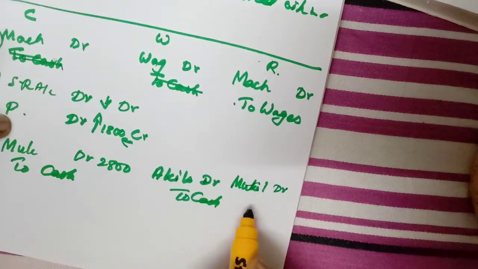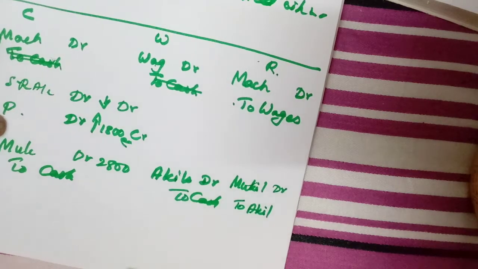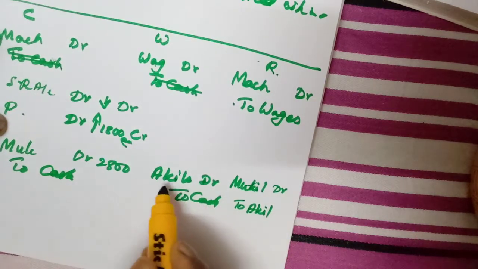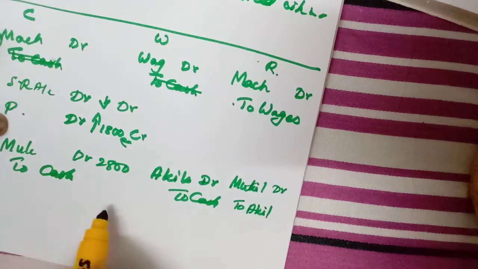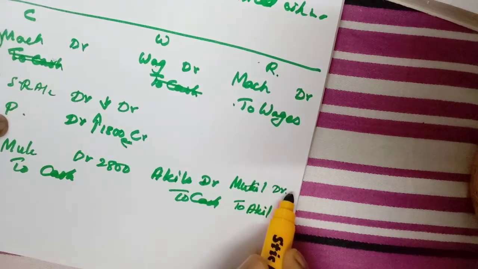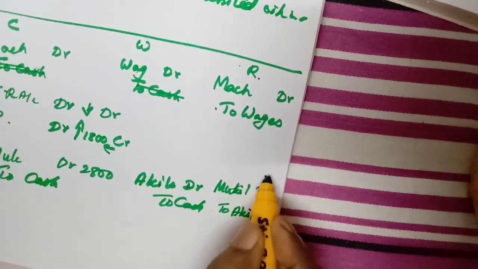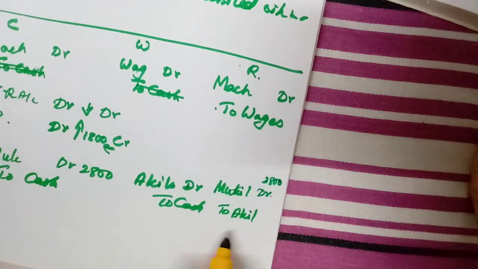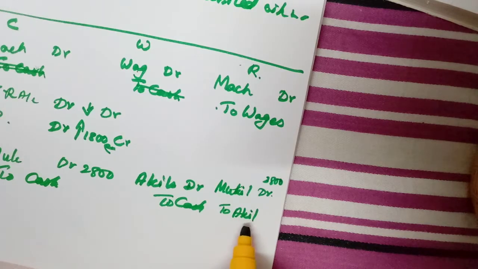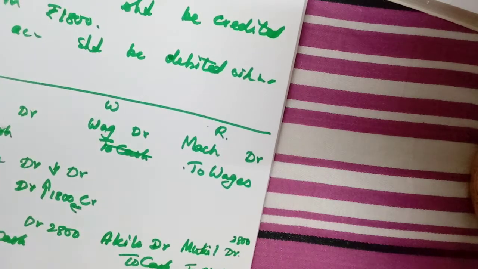Credit to Akhil. Now we should check the amount also. Mukil, how much do we have to write? Mukil should be debited with 2800, isn't it?